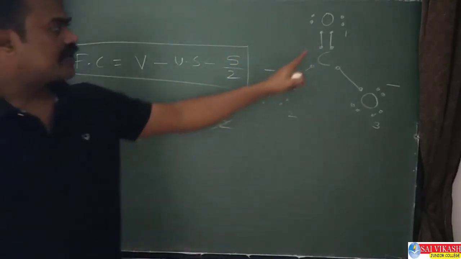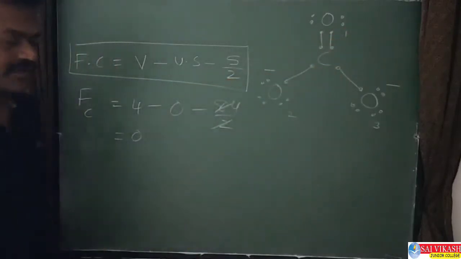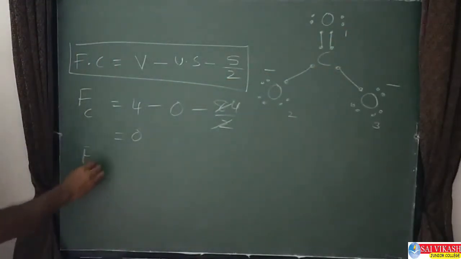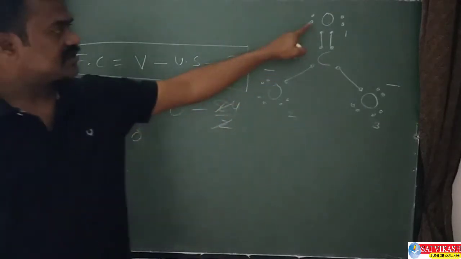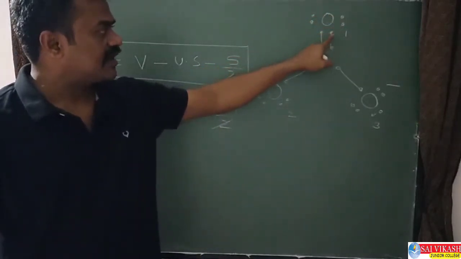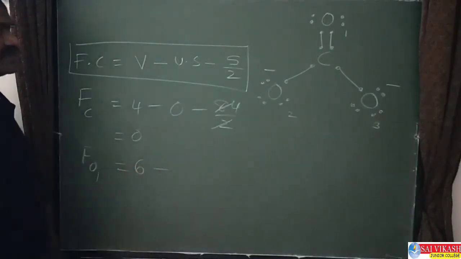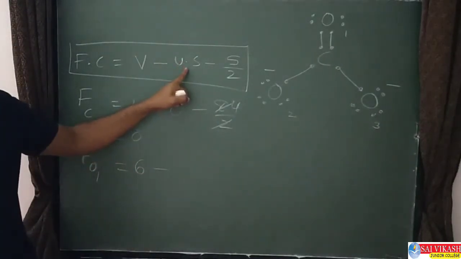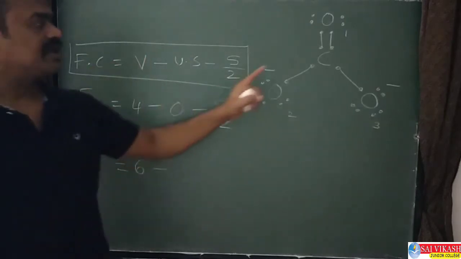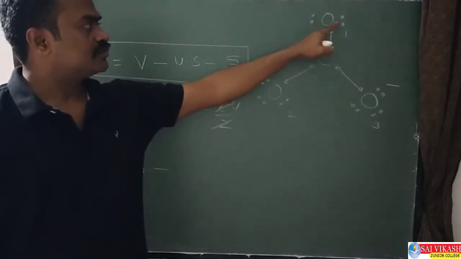So now we will find the formal charge of oxygen 1. See, formal charge of oxygen 1. So how many valence electrons? 1, 2, 3, 4, 5, 6 valence electrons of oxygen, minus number of unshared electrons. How many unshared electrons? 1, 2, 3, 4.